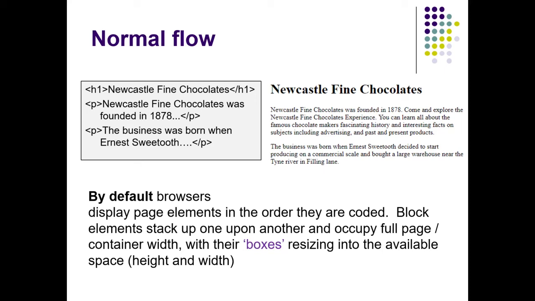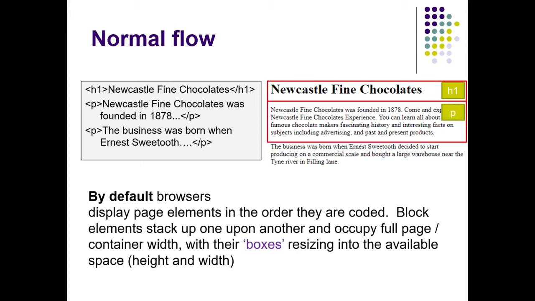So the H1 first, then the first paragraph tag, and the second paragraph tag, one after the other, stacked in the order they are in the HTML code itself, in their boxes. And by default, they stretch across the page. The block level tags fill the available space and take as much height as required for their particular size.